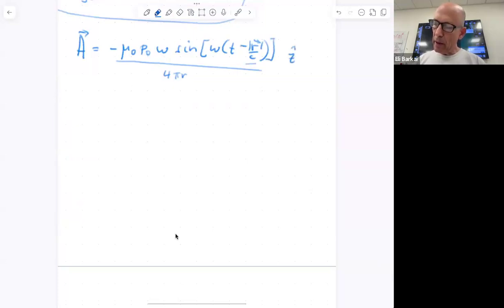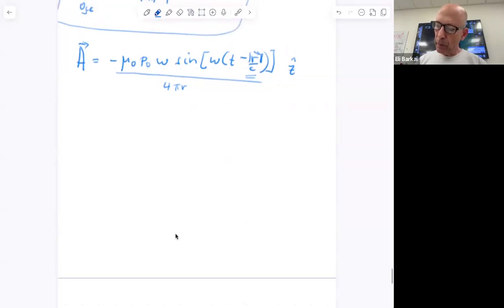So again, here I see the retarded effect, that is the time that it takes to reach point R. This is R, not R prime, because I already integrated. This omega comes from the fact that we are using the current, and the current is proportional to the change of the charge on each one of these spots up and down.